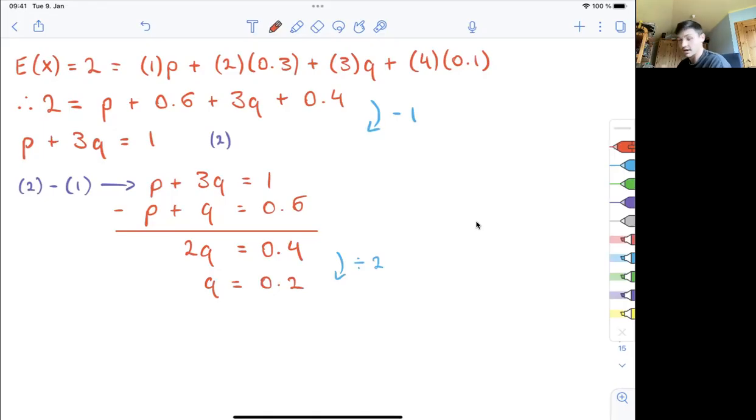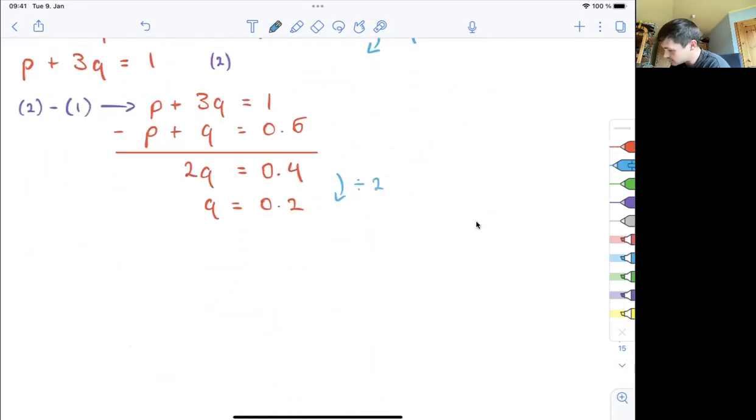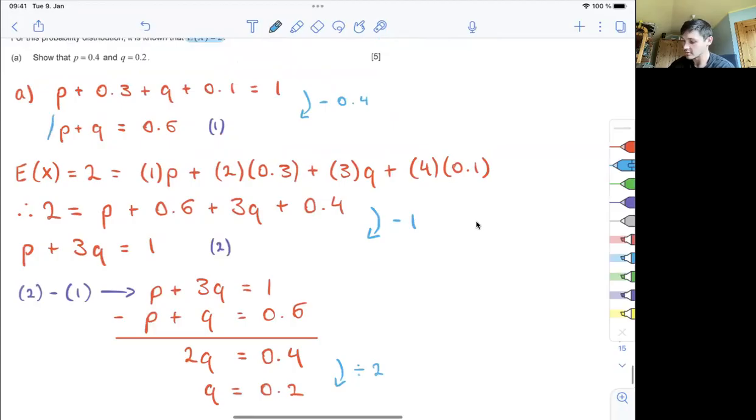And then now what we're going to do to find the value of p, or show that the value of p is, as we're told here, 0.4, I'm going to substitute in q is equal to 0.2 into either equation. But in an exam, I would encourage you to use the easiest and most efficient equation possible. In this circumstance, it would be equation 1, as there are less calculations to do.